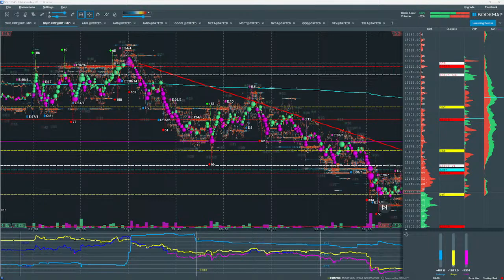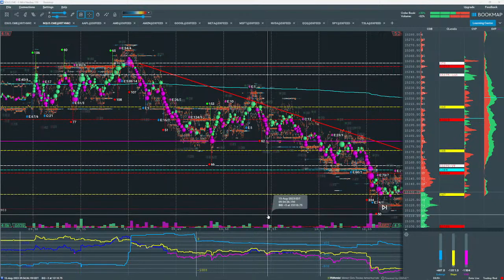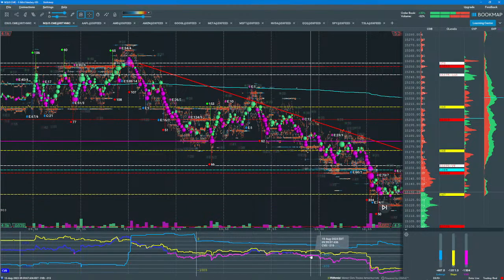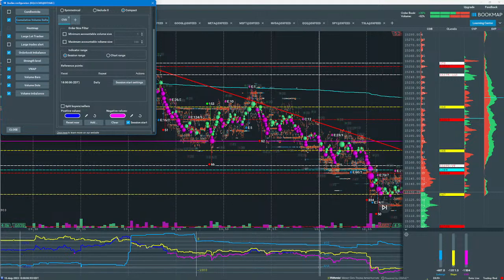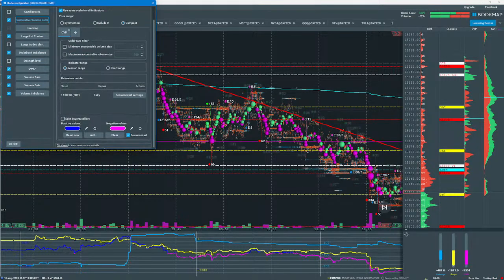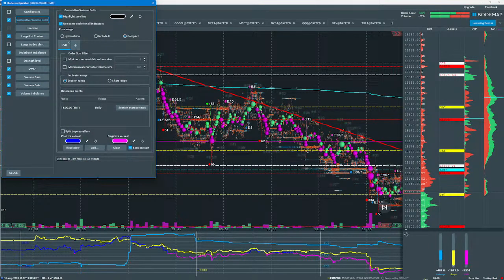All right, so DM asked, please advise your CVD Bookmap settings. Okay, we can do that. I can just right click and go to the cumulative volume delta settings. So I pretty much have the defaults.